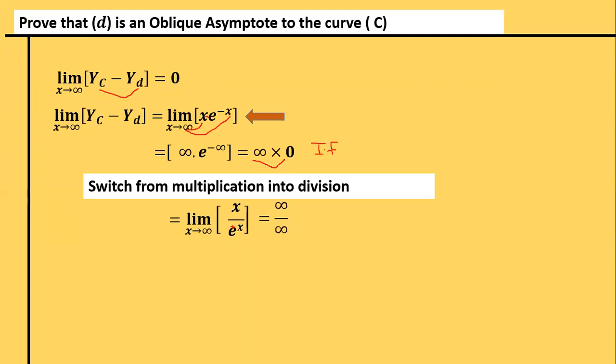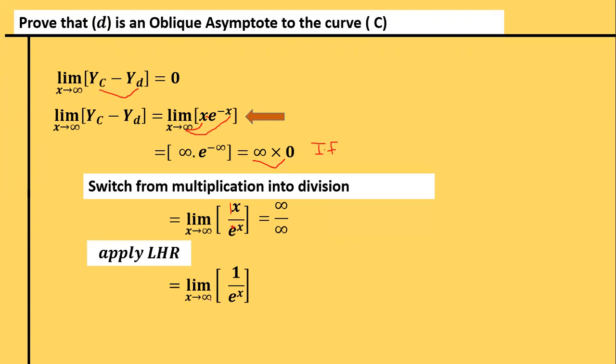Replace x by infinity. Another case of indeterminate form, but this time I'm going to apply L'Hopital rule, which means derivative for the numerator and derivative for the denominator. Derivative of 1x is equal to 1, while the derivative of ex is equal to ex.